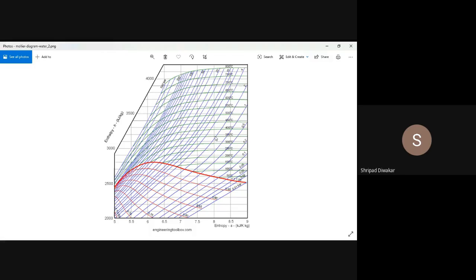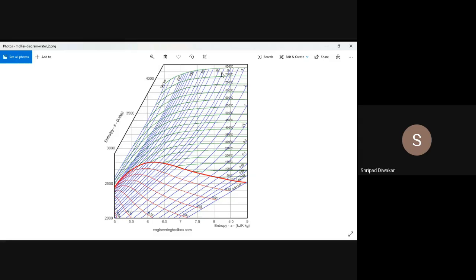They have given 12 bar and dryness fraction as 1. Dryness fraction 1 lies exactly on this thick line, the saturated line. One more condition is 12 bar. The blue lines are the pressure lines: 0.2 bar, 0.5 bar, 1 bar, 2 bar, 4 bar, like that.